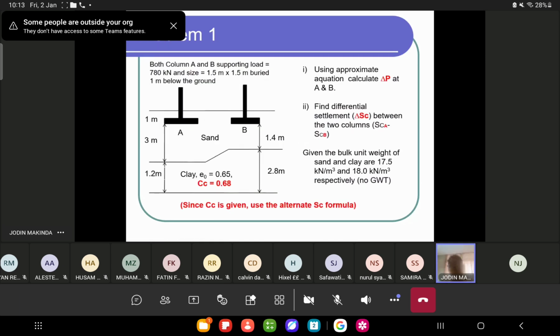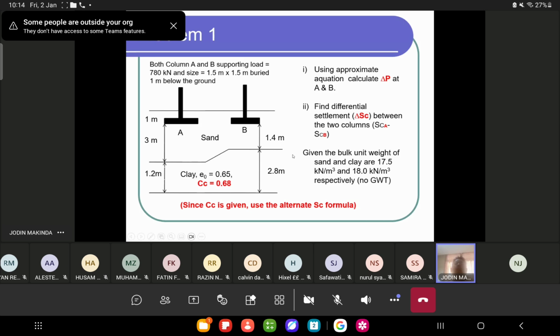In this case study, what you are requested to do is first determine the stress increment. What is the stress increment at A? What is the stress increment at B? Then, what is the total settlement at A?